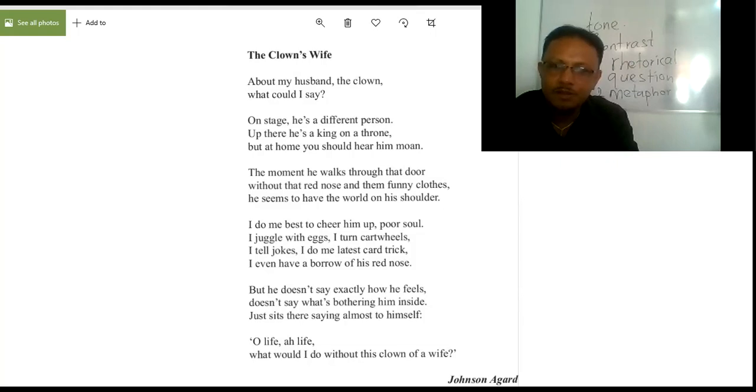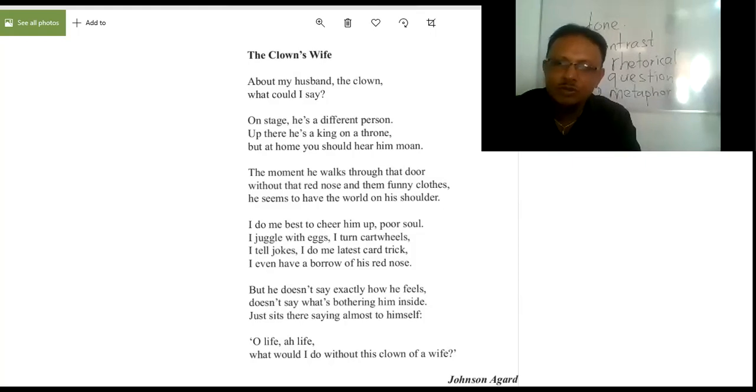We can say the theme of deception is very, very clearly present. Deception of life. We think that a clown should be a very happy person in real life, but actually we don't reveal our personal life to the public. So therefore, the appearance, what we see, is full of deception. Appearance is not the reality.